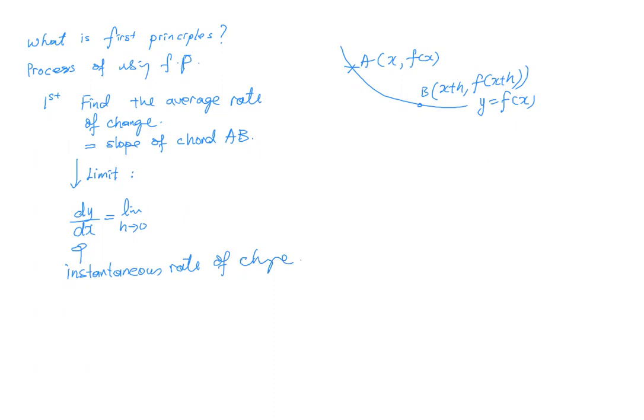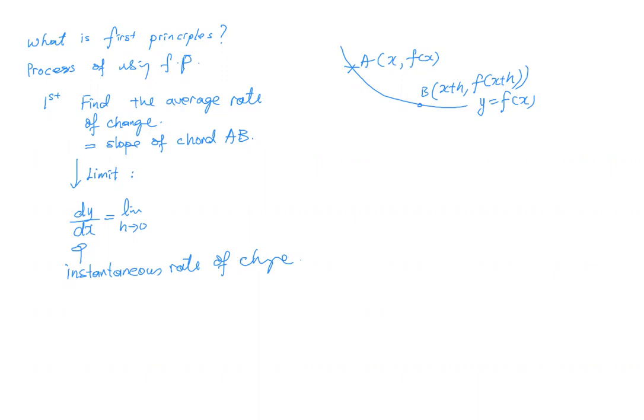First principle is having the average rate of change, and as one point moves nearer to the other point, then with the sense of limit, we get the instantaneous rate of change. That is your dy dx. That means first principle is how we use the concept of limit to make the average rate of change become the instantaneous rate of change.